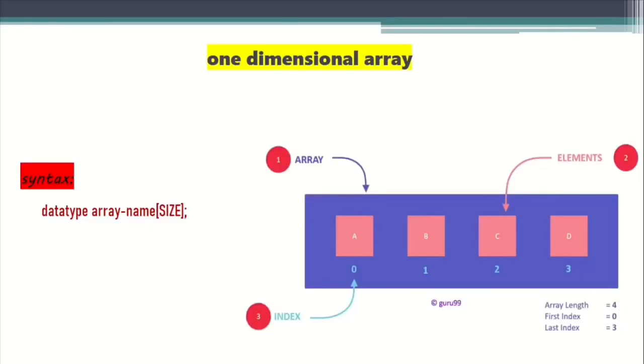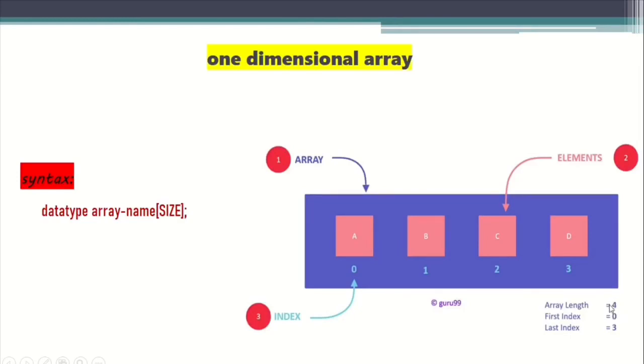And here I have a picture that will help you to understand. Here we have an array, and this array has 4 elements: A, B, C, and D. So the array length or size is equal to 4. And as we just said, the last index will equal the number of elements or the length of the array minus 1.